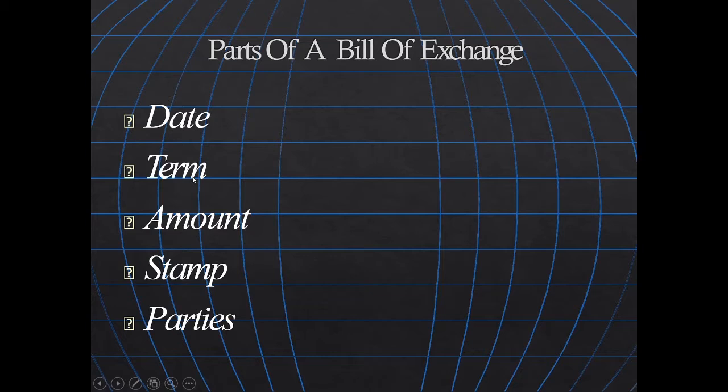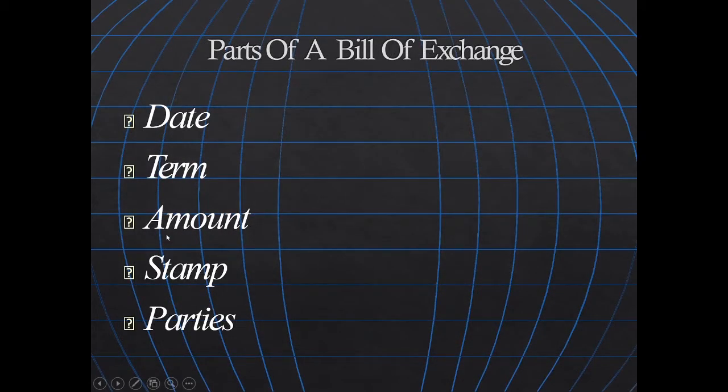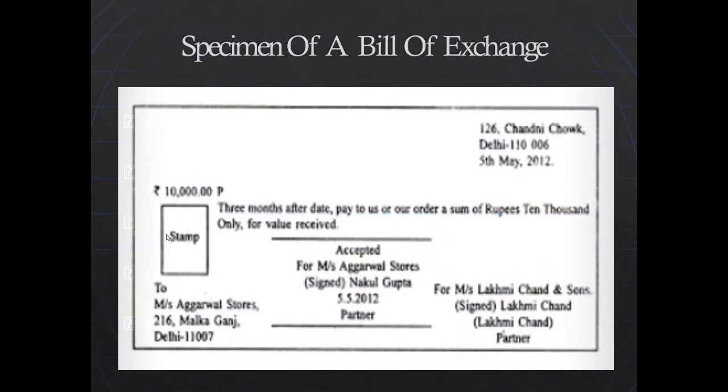In the first sentence itself, the term of the bill was mentioned, that is 3 months. Date and contents of the bill are compulsory, these have to be there. Then amount, 10,000, which was given in numbers as well as words.